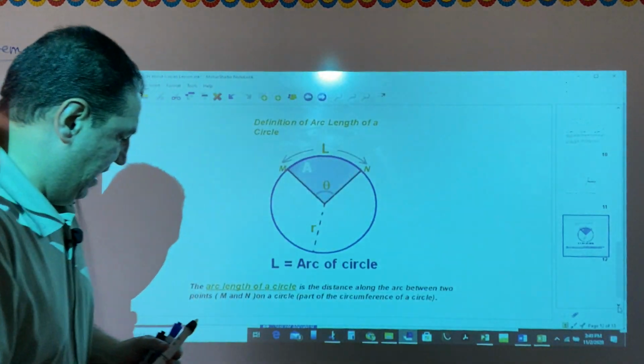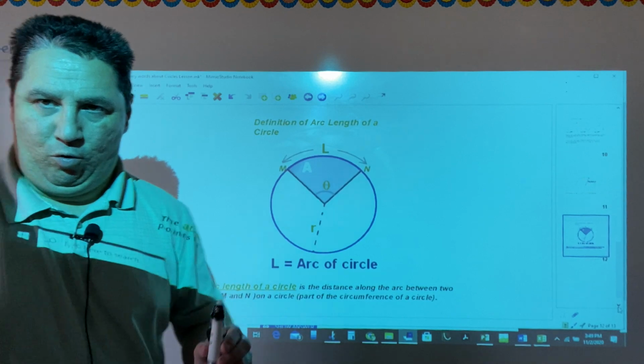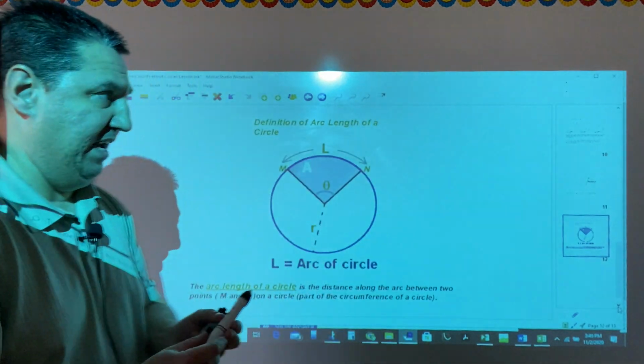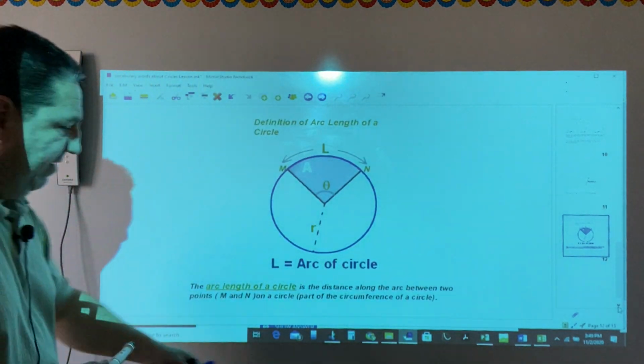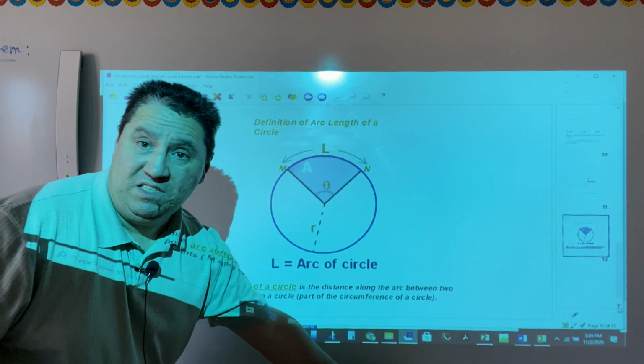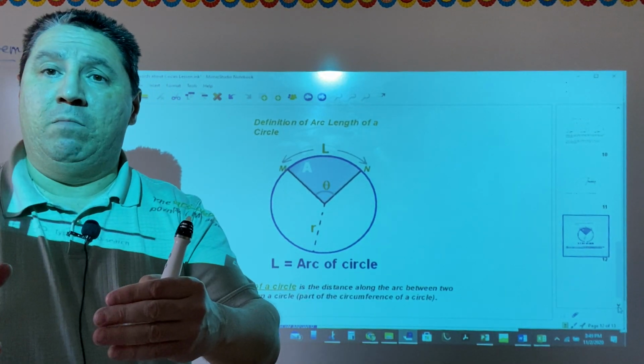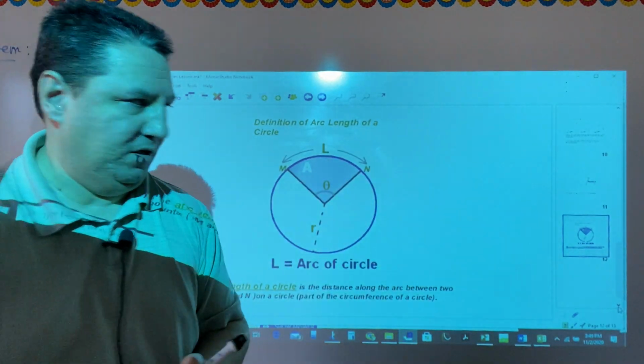Now, for now, this is all we have regarding parts. Now, let's have a few examples of parts of a circle.